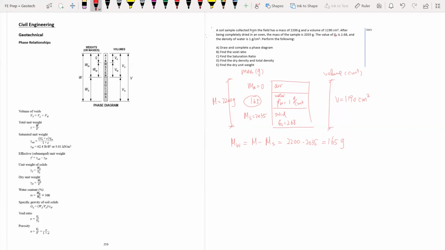So we can find the volume of water equals the mass of water divided by the unit weight. Actually, it's the density of the water. So the volume of the water is 165 centimeter cubed.